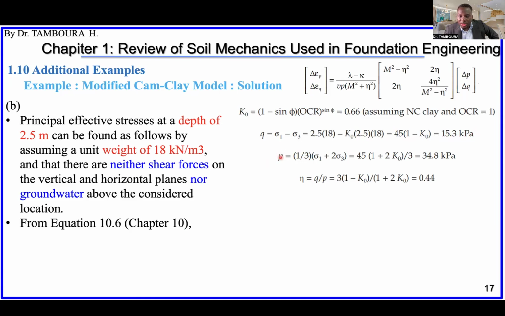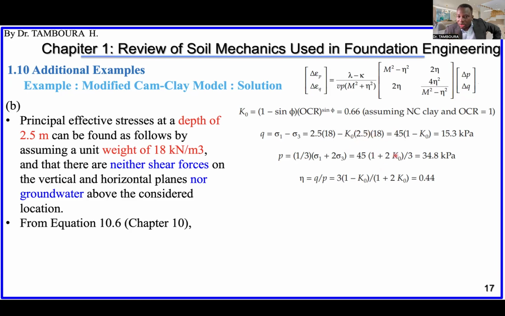And the P, if we have sigma 1 and sigma 3, obtaining P is simple. It's just 1/3 sigma 1 plus 2 times sigma 3. And you remember that sigma 1 is the vertical stress, sigma 2 is the vertical stress, and sigma 3 is the vertical stress multiplied by K naught.